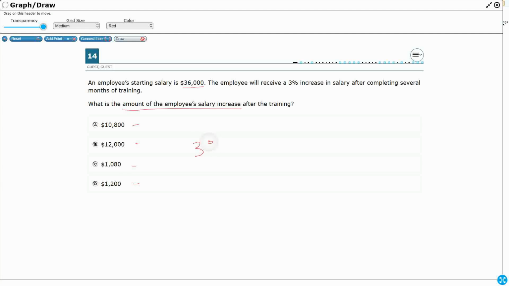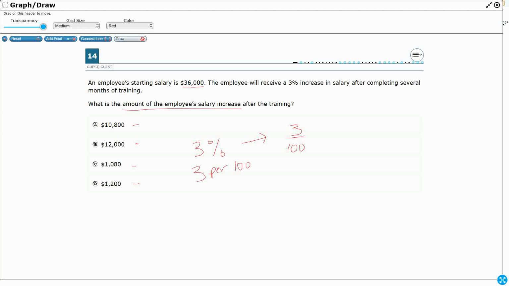So let's think about it. 3%. Percent is really per 100, because that's what cent means, 100. So 3 per 100 can be viewed like this. So 3% is 3/100ths, or 3 out of 100. That's what that means. And so if we want to, we can set up a proportion, right?